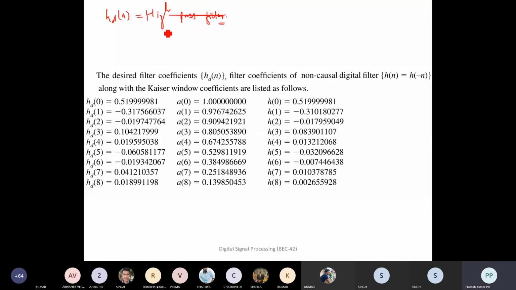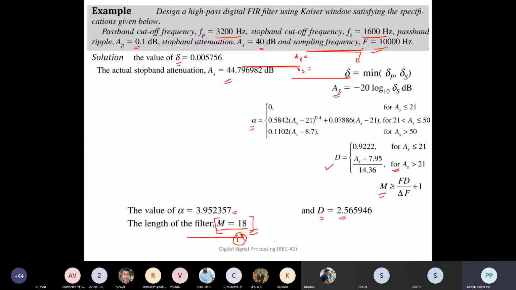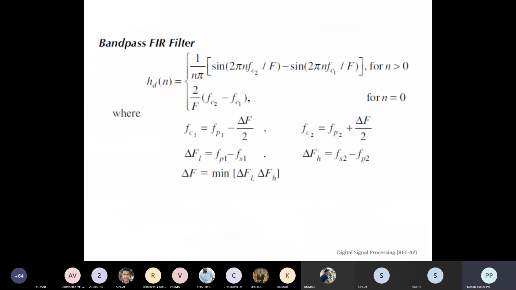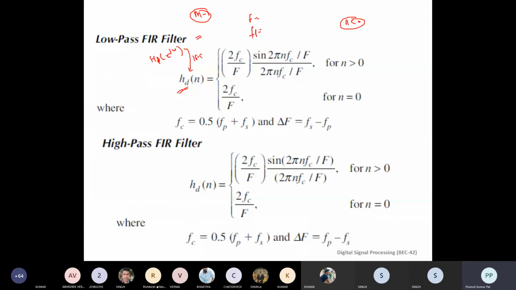In the case of a high pass filter, we will check the generalized expression given for it. Once you solve the questions, it becomes a habit; you need not remember everything. It will come with practice. Basically we will mainly focus on the low pass filter and high pass filter generalized expressions.